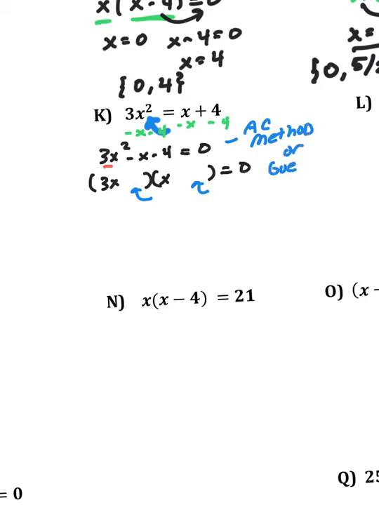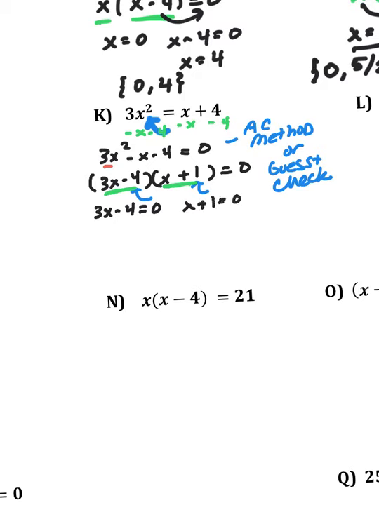You're going to decide here. And once you do your work, you're going to figure out that it's 3x minus 4 and x plus 1 to give you 0. And now you have something times something equal to 0. We know that one or both of those things are equal to 0.